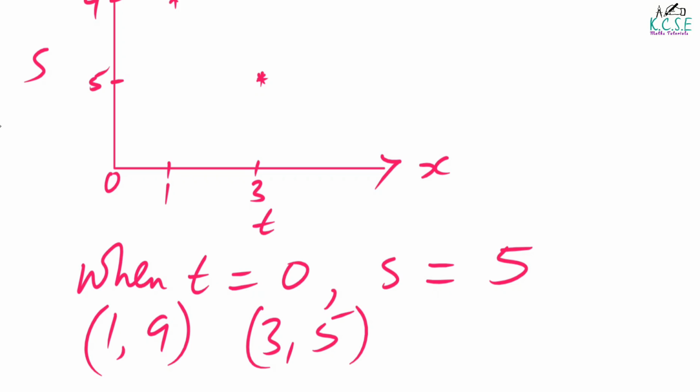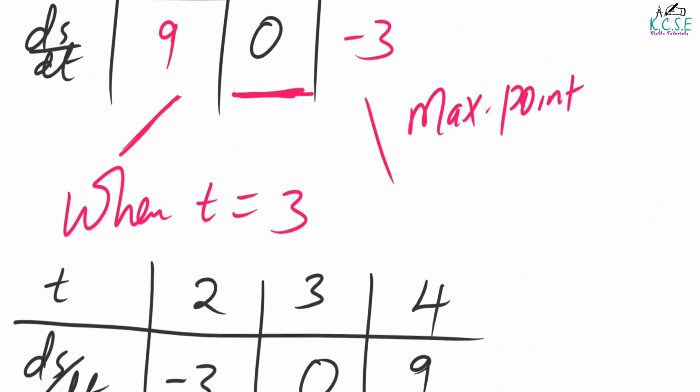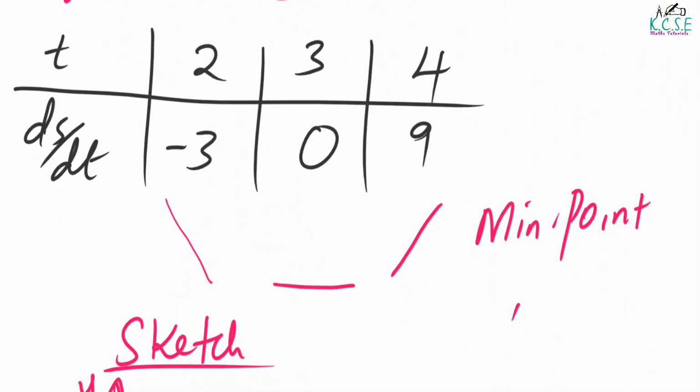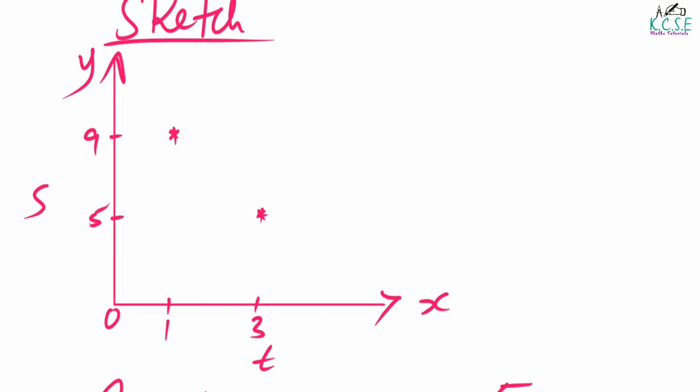And since we have obtained that when t is equal to 1, we have a maximum point, and when t is equal to 3, we have a minimum point. So in sketching the curve, this is what you're going to do. This curve will look something like this. Let me draw it again.